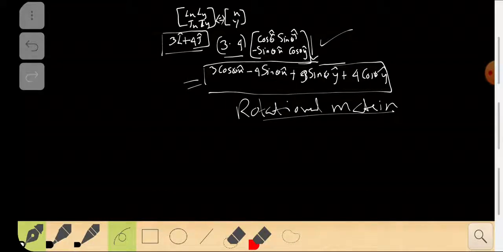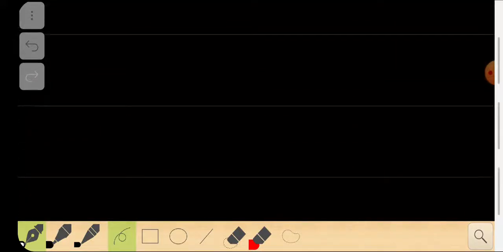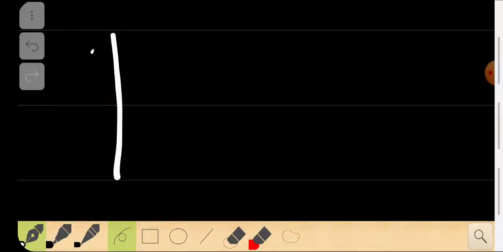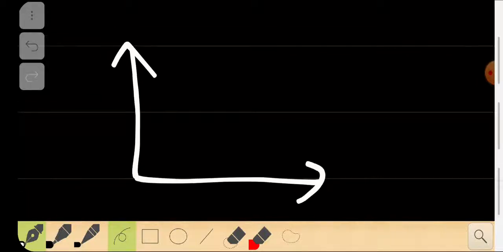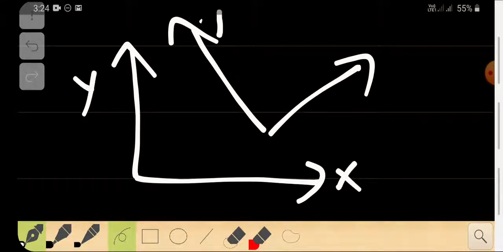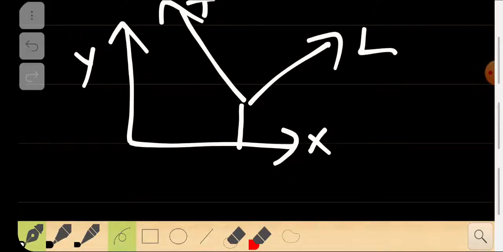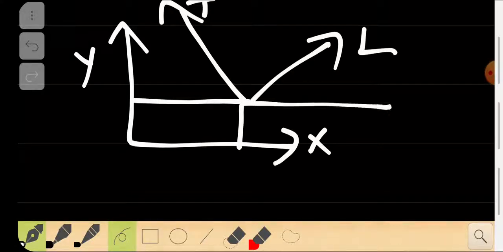Now let me tell it in a different way, so that you will have some deeper understanding. If you have a coordinate system like that and you have a transformed coordinate system like this, this coordinate system is called xy, and the new coordinate system is called J and L. If you know the angle between these two coordinate systems, and you know the separation distance of the new coordinate system, you can easily transform.